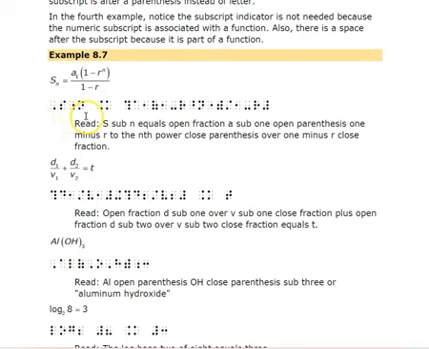Capital S, subscript n, equals, open your fraction, and we've got an A with a subscript 1, so we don't need the subscript sign. Then we have a parentheses, 1 minus R, superscript N, bring us down to baseline, close your parentheses, slash, now we're doing the bottom part of the fraction. 1 minus R, close the fraction.